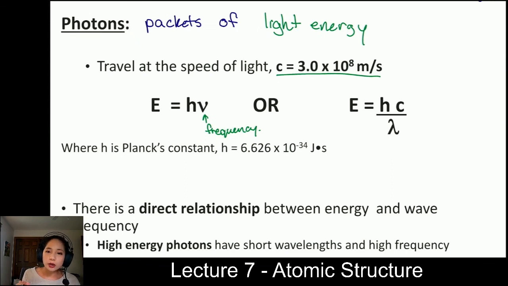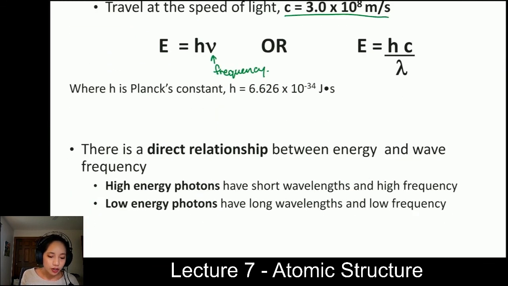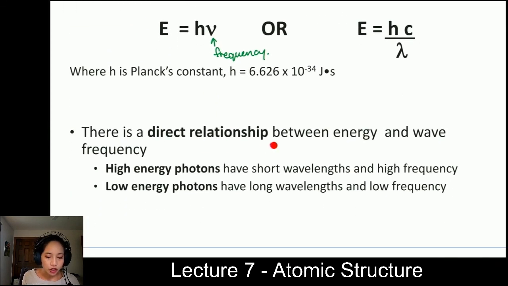So essentially what I want you to get out of this equation is that there is a direct relationship between energy and frequency, or energy and wavelength of light. The wave nature of light, its wavelength or its frequency, is directly related to the energy contained within that photon.